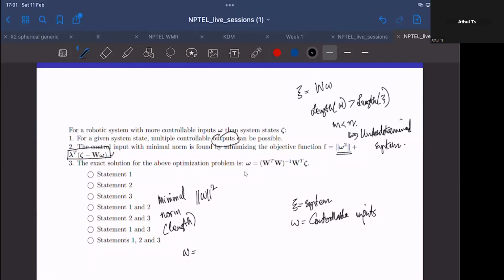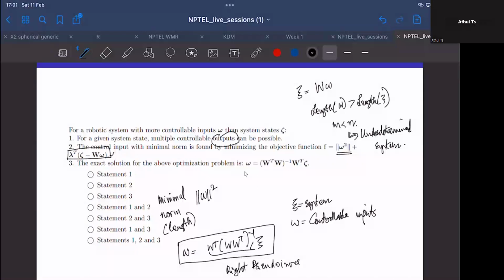The solution to minimize this objective function would be omega equals W transpose (W W transpose) inverse zeta. This term is called the right pseudo inverse. But whatever is given in the question is not correct. That is the left pseudo inverse, which is not the case for an underdetermined system.